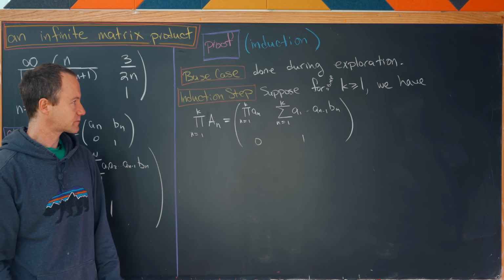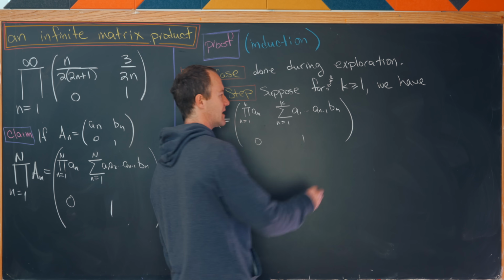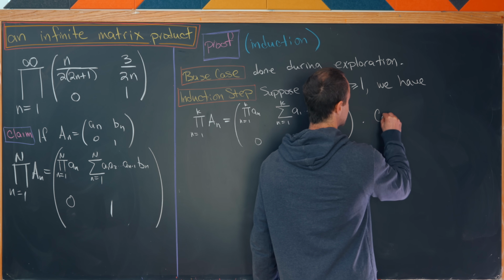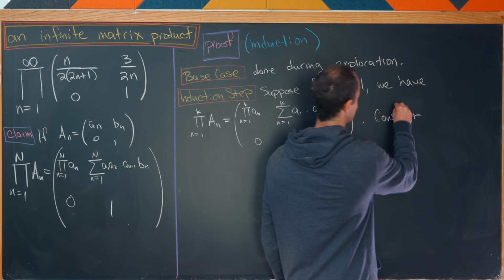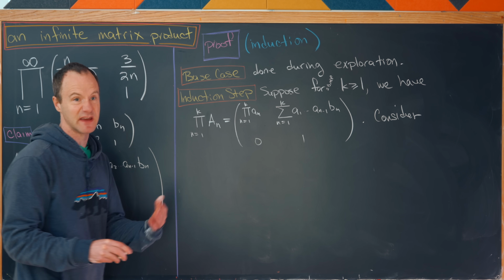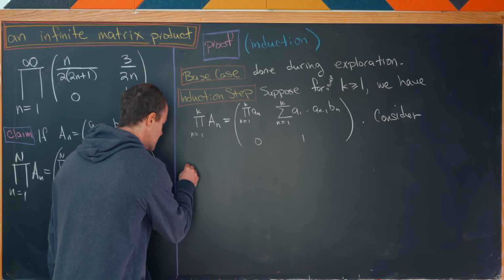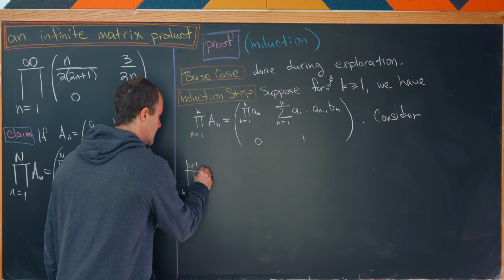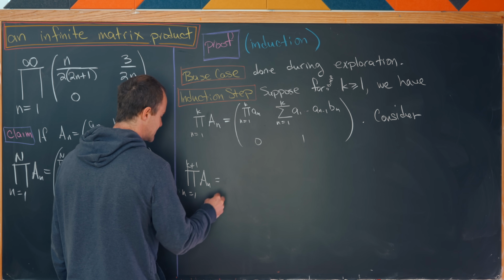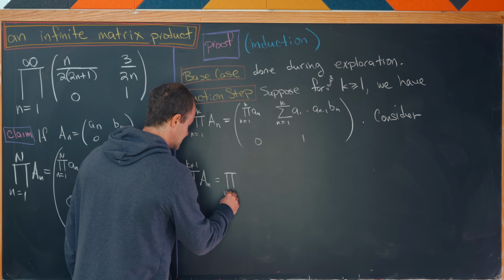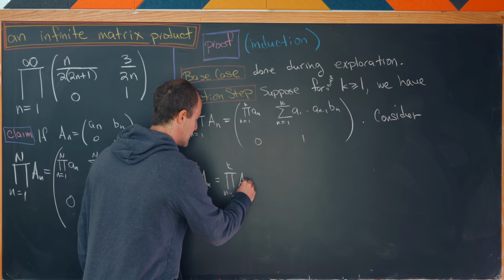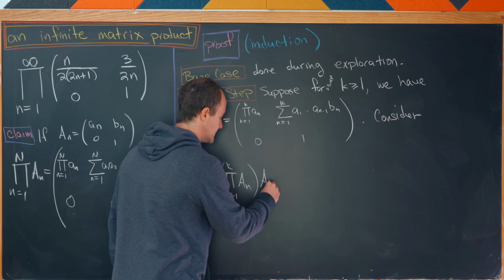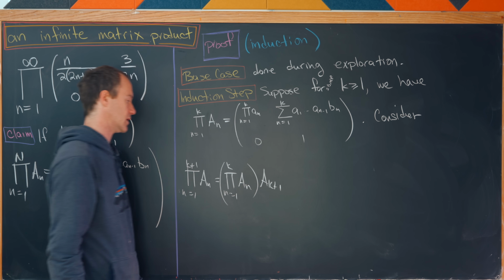Great. But then after making the induction hypothesis, we consider the next case, the k plus first case. So I've got my product as n goes from 1 to k plus 1 of a sub n. But notice that's equal to the product as n goes from 1 to k of a sub n times a sub k plus 1.